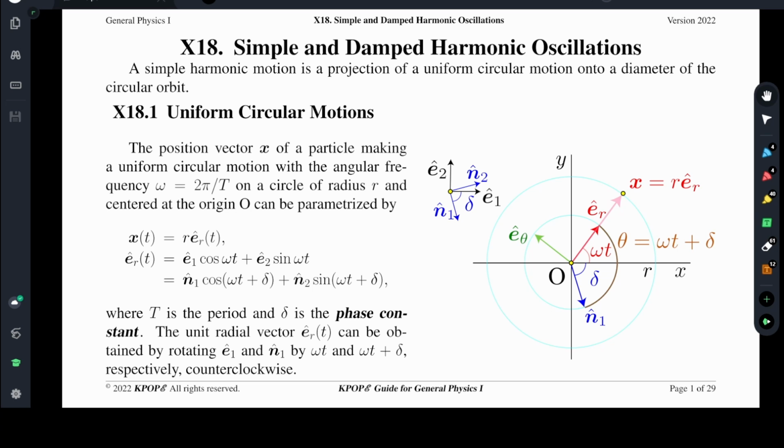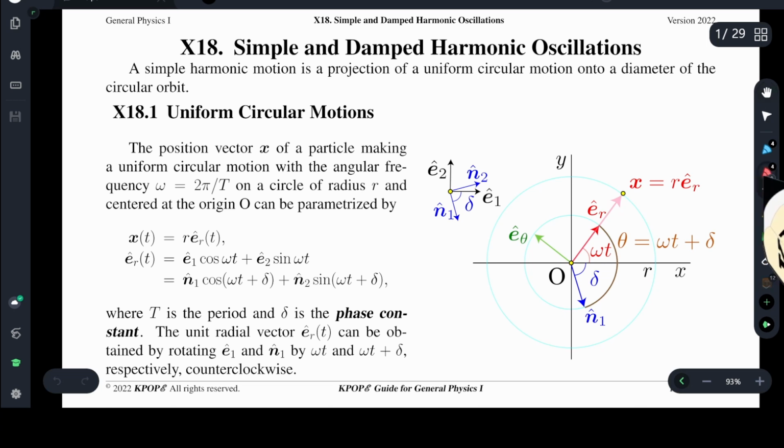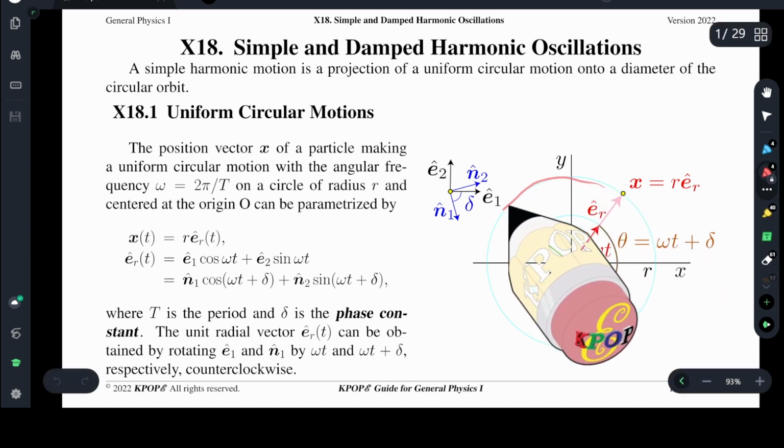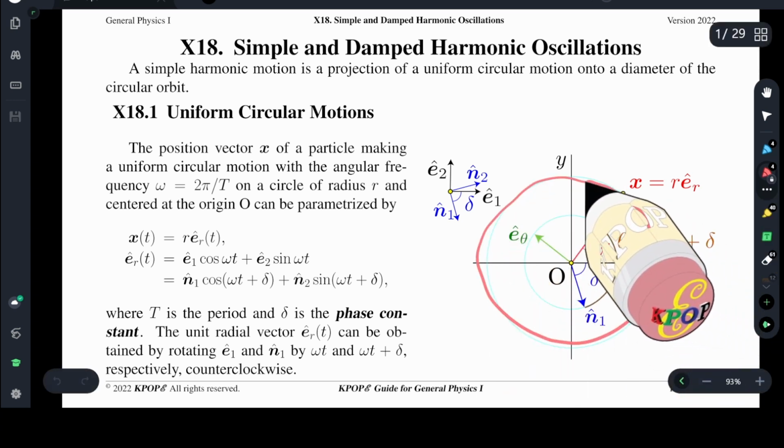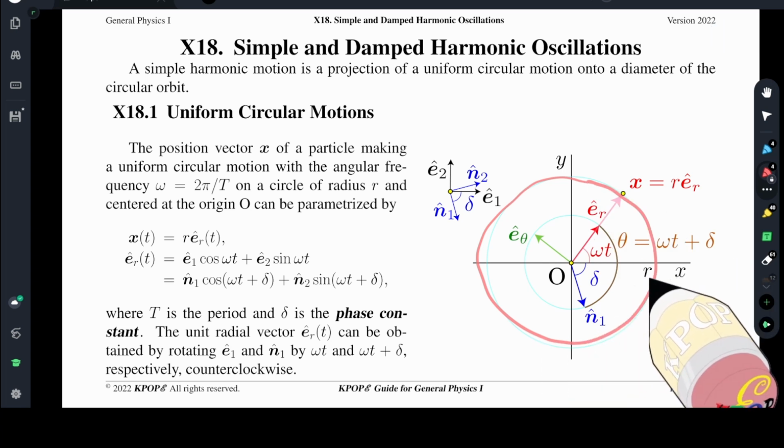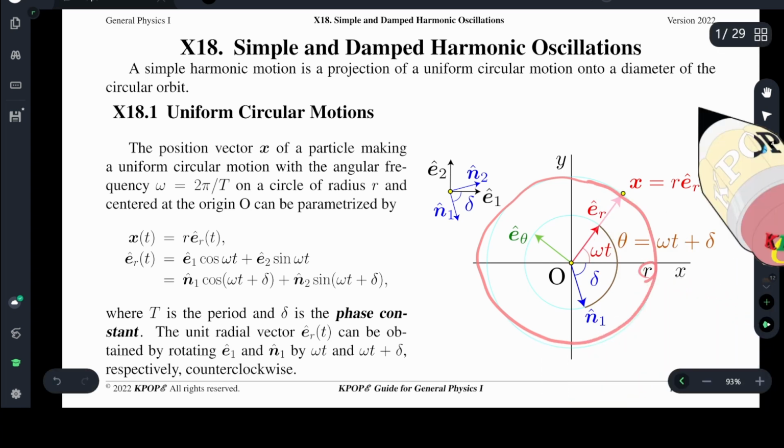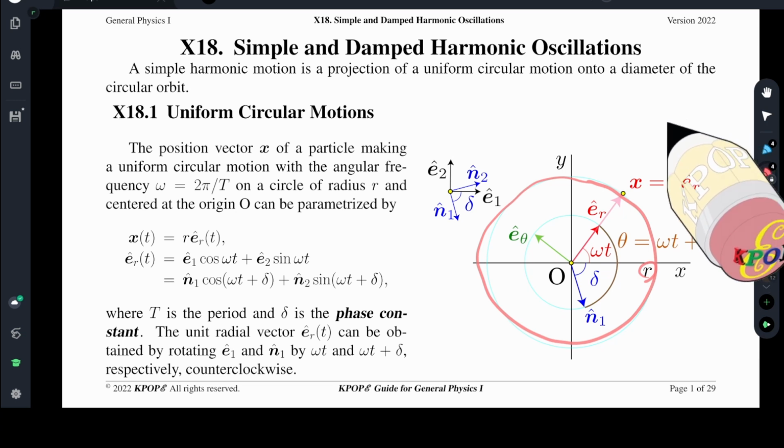Okay, so we begin with the uniform circular motion. We already have studied that uniform circular motion is the motion of a particle along a circle with the radius r and with constant speed.